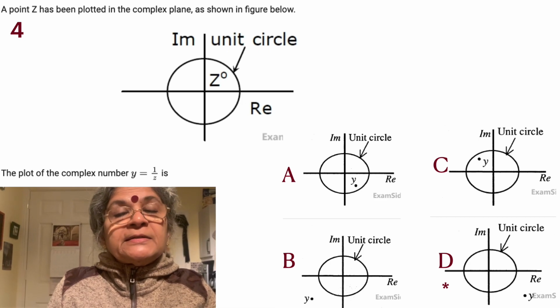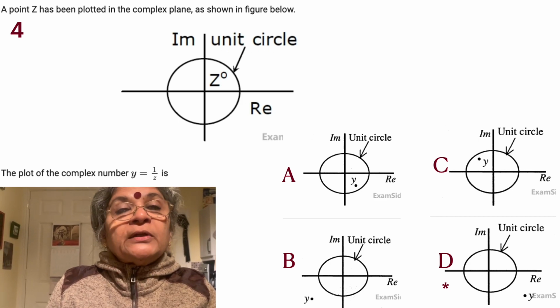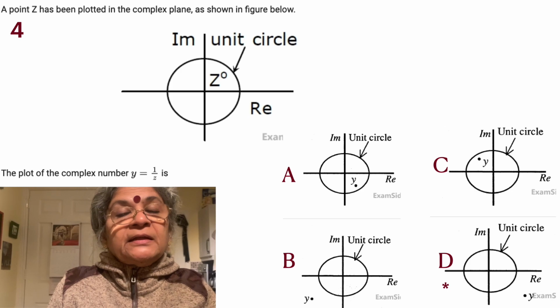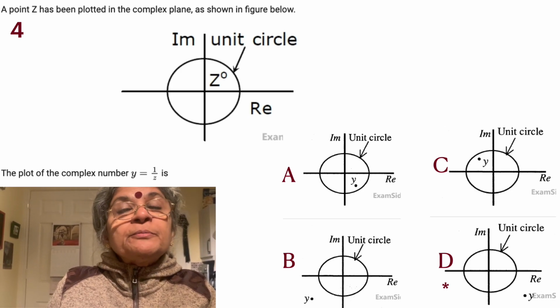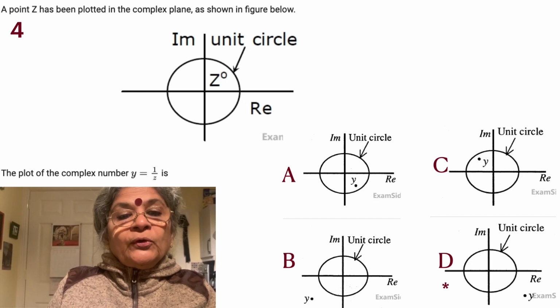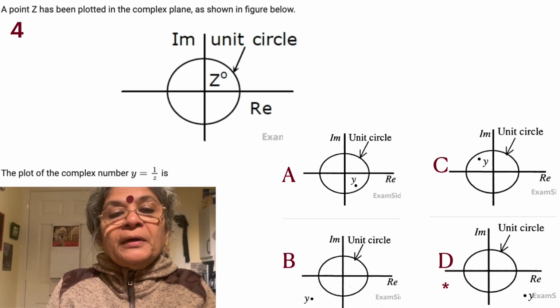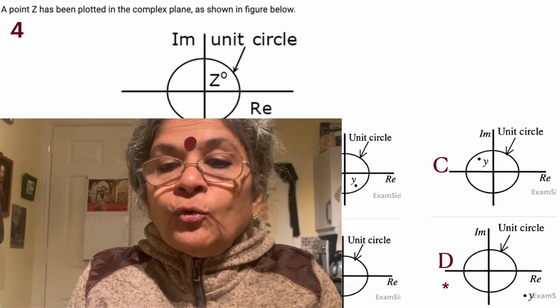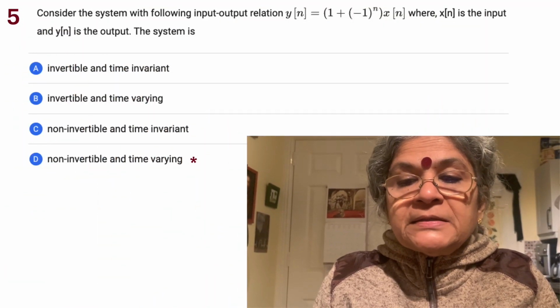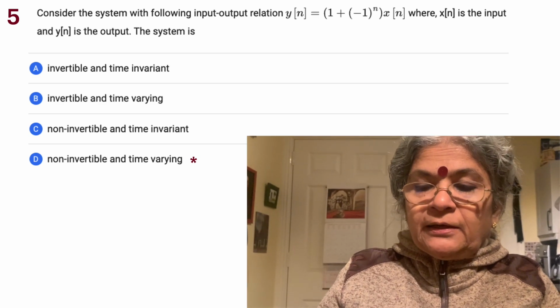Because the point z that has been marked is in the first quadrant, its reciprocal will be in the fourth quadrant. Moreover, it will have a value larger than 1, because it is 1 by z. So from the four options A, B, C, D, we see that D is true.